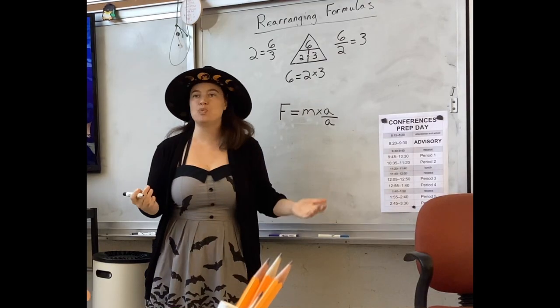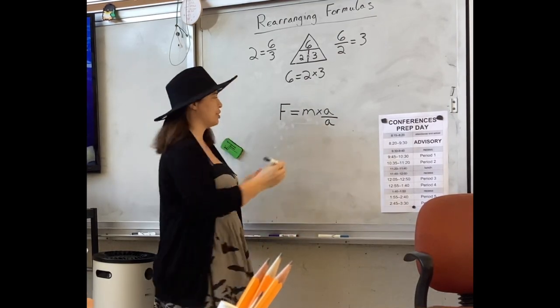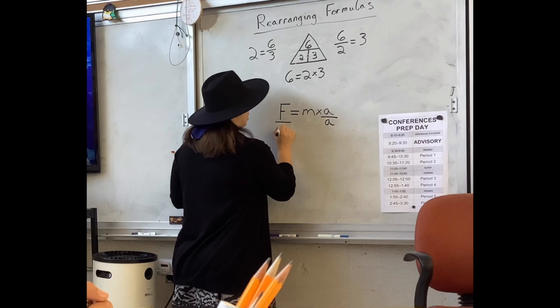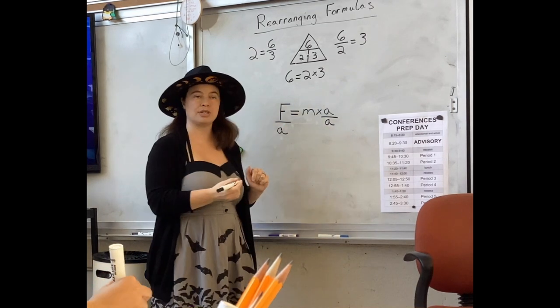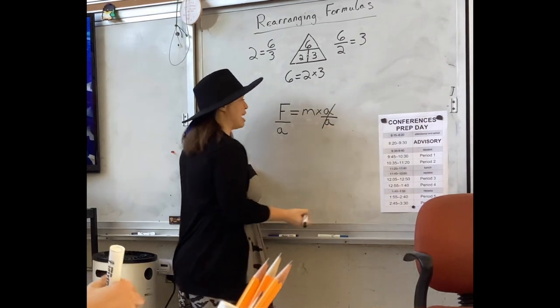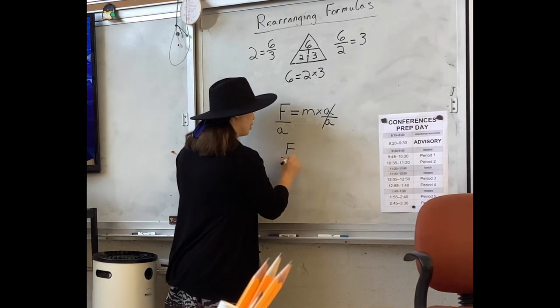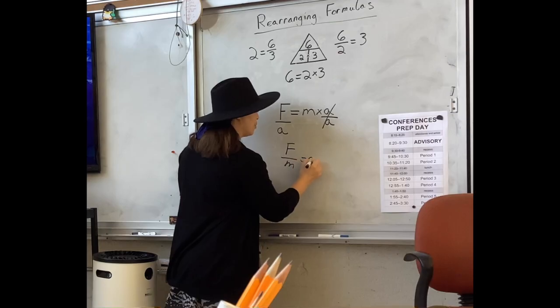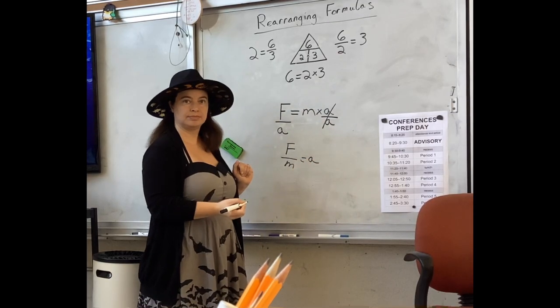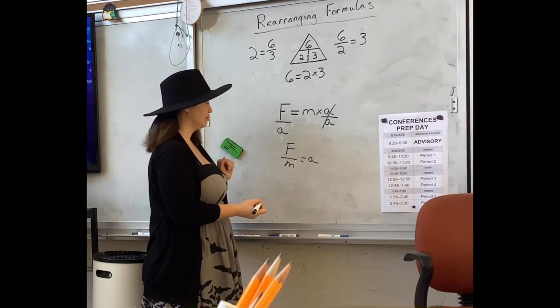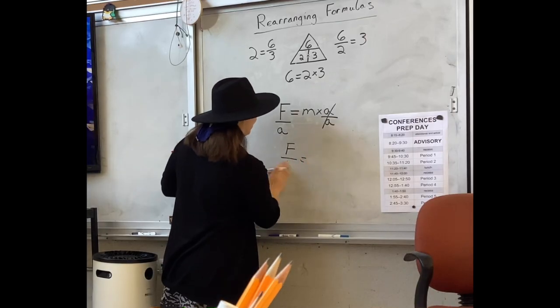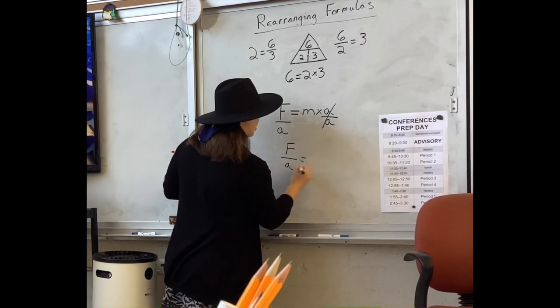But anything I do to one side of this equation, I have to do to the other. So on the other side, I also have to divide by acceleration. Acceleration then cancels out, and I'm left with the equation force over acceleration equals mass. Oh, you're right. Force over acceleration equals mass.